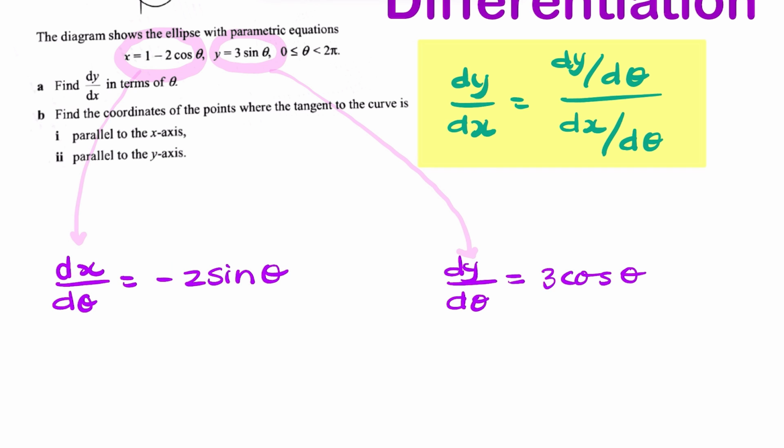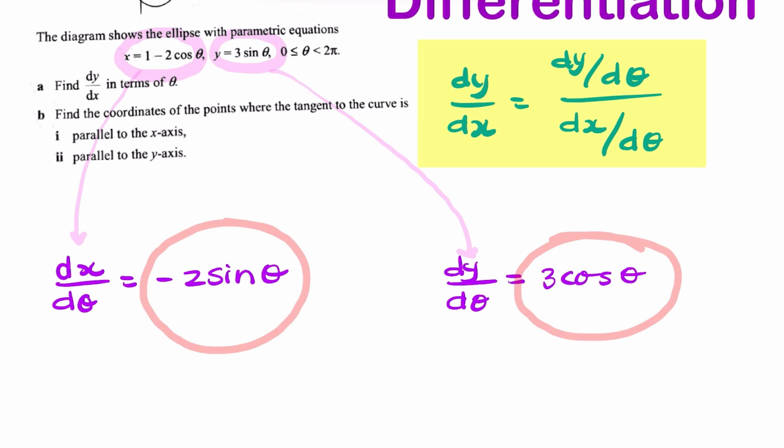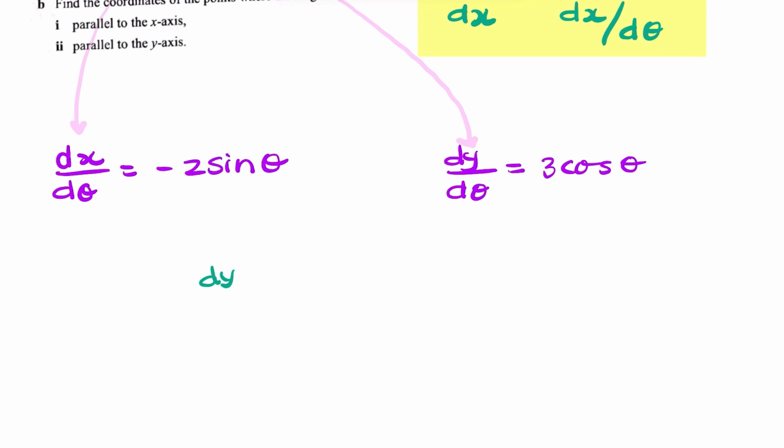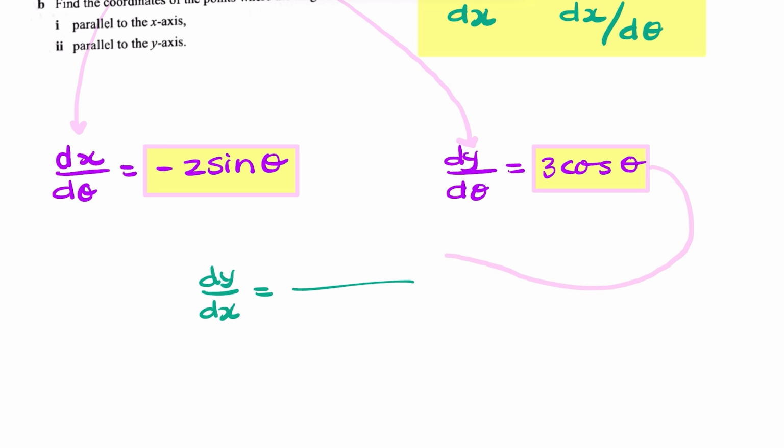And now, to find dy by dx, we divide dy by d theta divided by dx by d theta. So dy by dx equals, I'm going to divide this by this. So I'm going to put this in the numerator and this in the denominator.